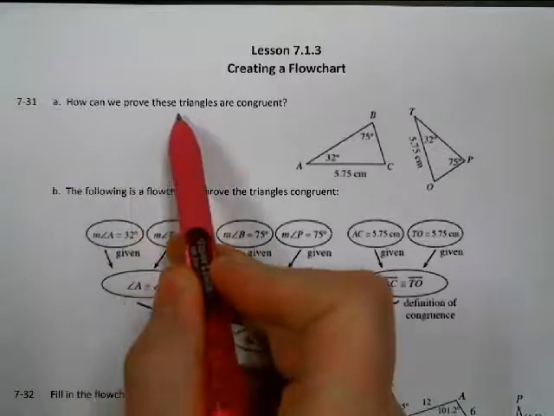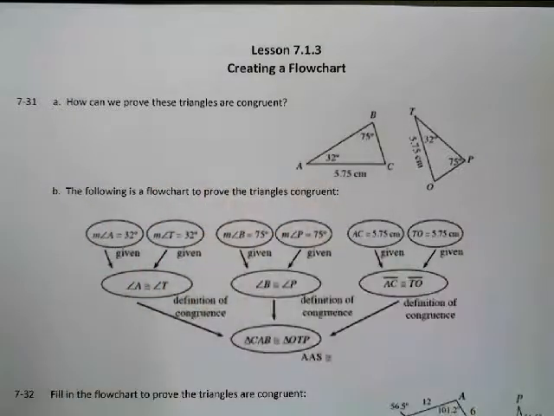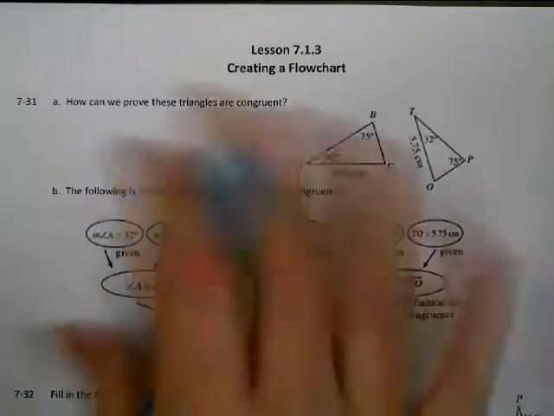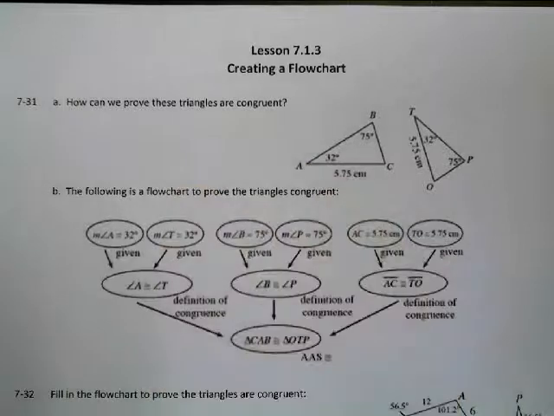How can we prove that these triangles are congruent? Now, based off of the last lesson that we covered, we found out on the first lesson that in order to find that two triangles are congruent, congruent meant that all the sides are congruent and all the angles are congruent. That's a lot. That's like six things. You got three sides and three angles.